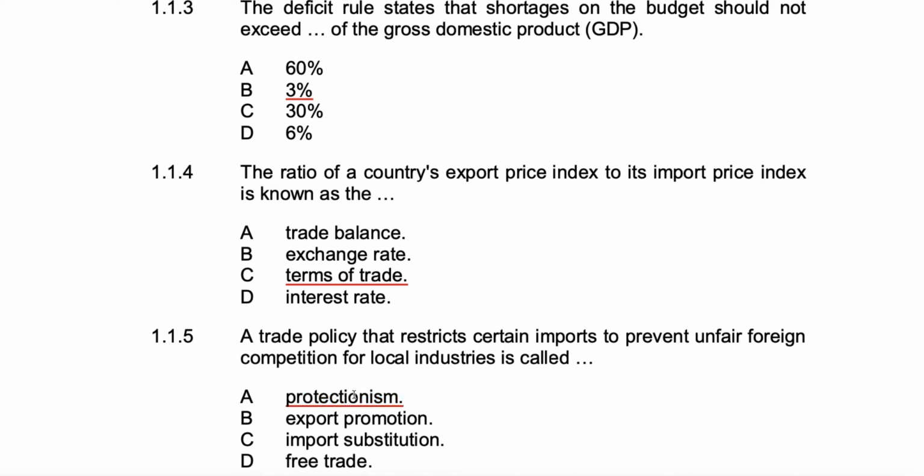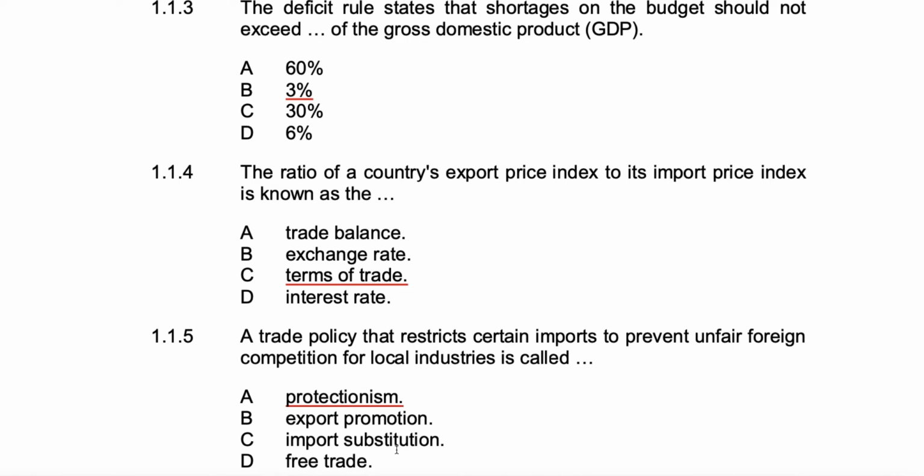But the distractor here, because quotas are used, so now this one depends on what they will have given as options. Quotas is a form of protectionism. Let's see, export promotion is totally wrong because it's basically what we produce so that we can sell to other countries.